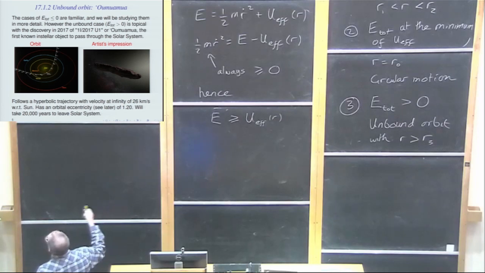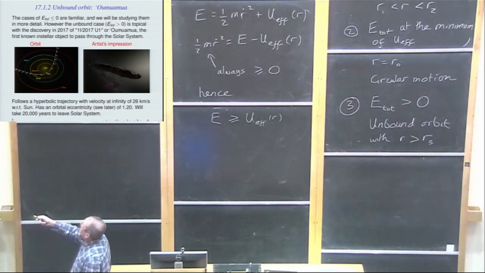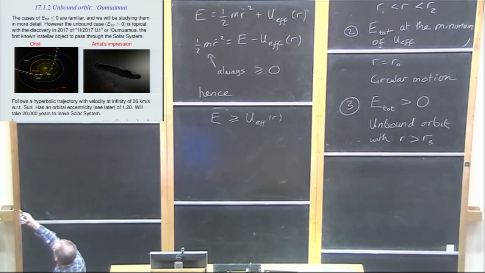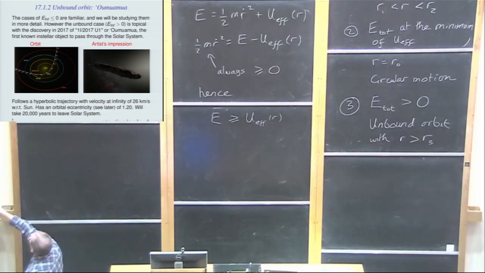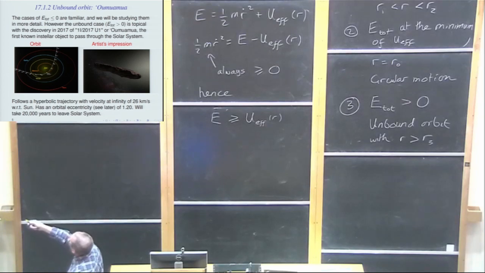So this was something which was not orbiting in the solar system, but could only have come from outside the solar system. This object was given a name which I won't attempt to pronounce. This is an indigenous Hawaiian name, which means something very elaborate. But this was the first known interstellar object to pass through the solar system. So this was following a hyperbolic trajectory with a velocity starting out there. It could be calculated at 26 kilometers per second.